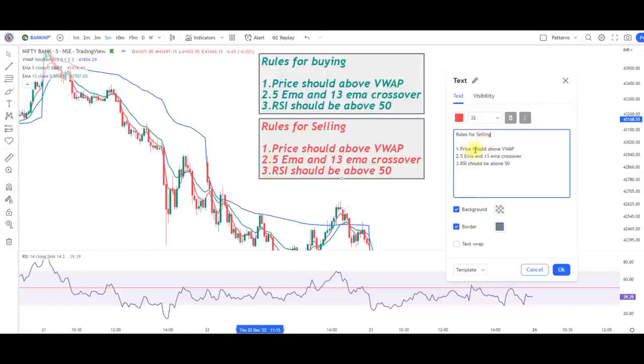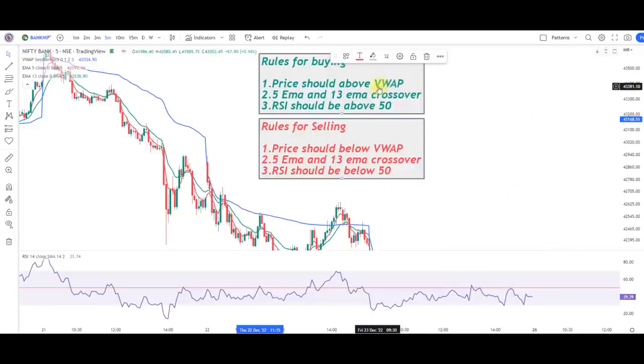Price should be below VWAP, 5 and 13 EMA should give the crossover, and RSI should be below 50. So these are the rules for buying and selling. And the time frame you have to select is 5 minutes for intraday.